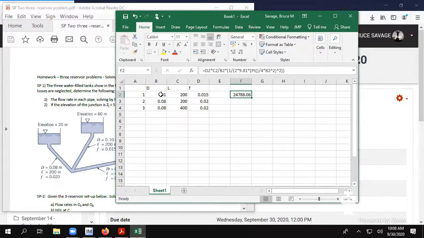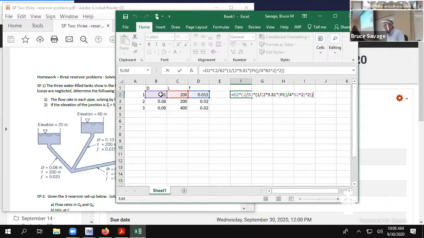Let me just look at this again really fast. So F times L over D times 1 over 2G, pi over 4 D squared, and the whole thing squared. I should just look at the solution, but G, and that is squared.